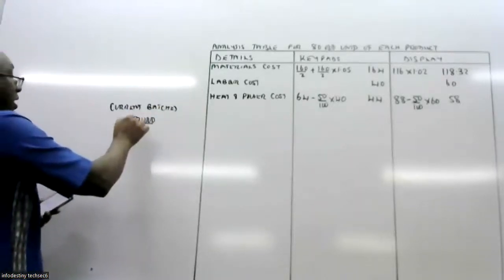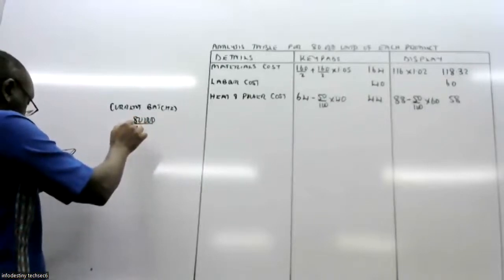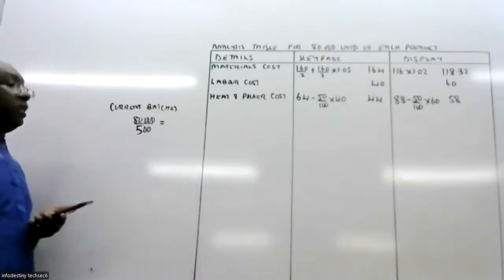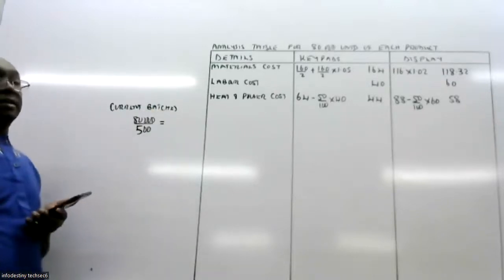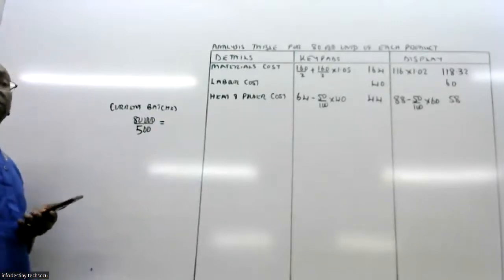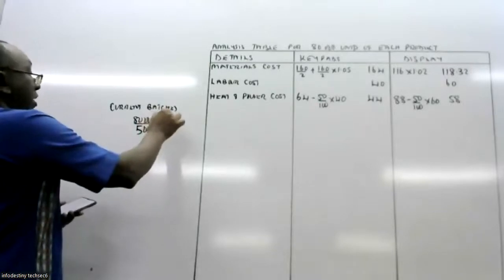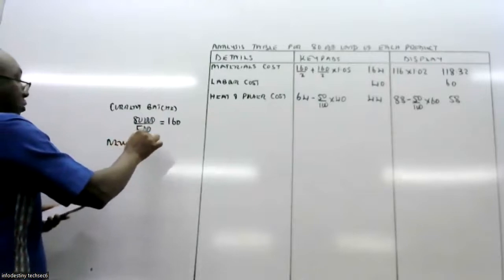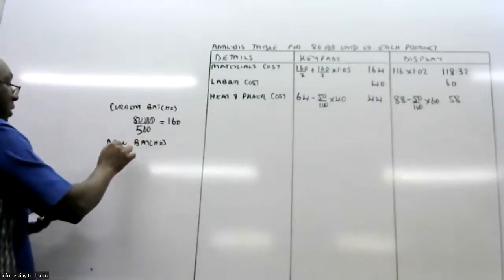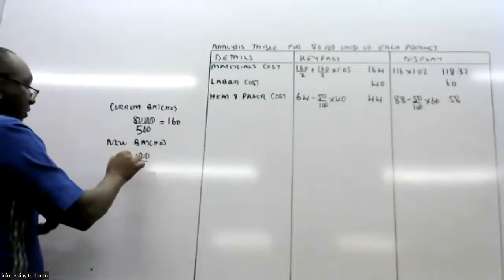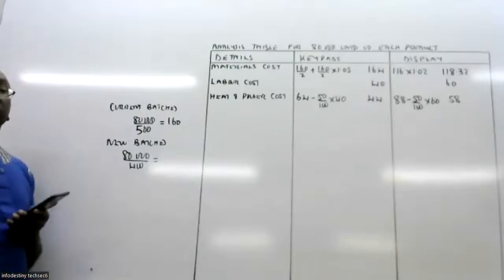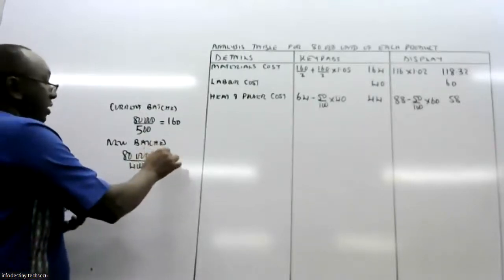So it will be 80,000 divided by, right now they have been 500. So 80,000 divided by 500, 160. So the new batches will be 80,000 divided by 400. 200.